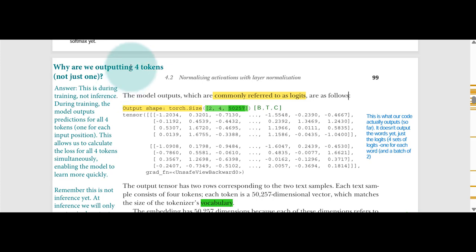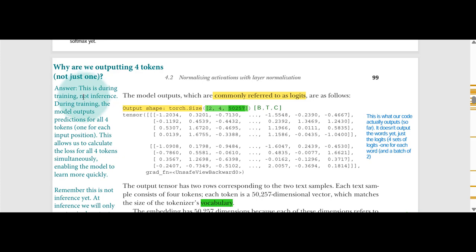But I think we all know the way these models work is that they predict one at a time, and then keep predicting the next one, the next one, so quickly that it looks like they're outputting a whole long sequence, but really it's word by word, just very fast. But even if we're only going to put out one, that's not what's happening here. We're putting out 4. Why are we outputting 4 tokens, not just one?